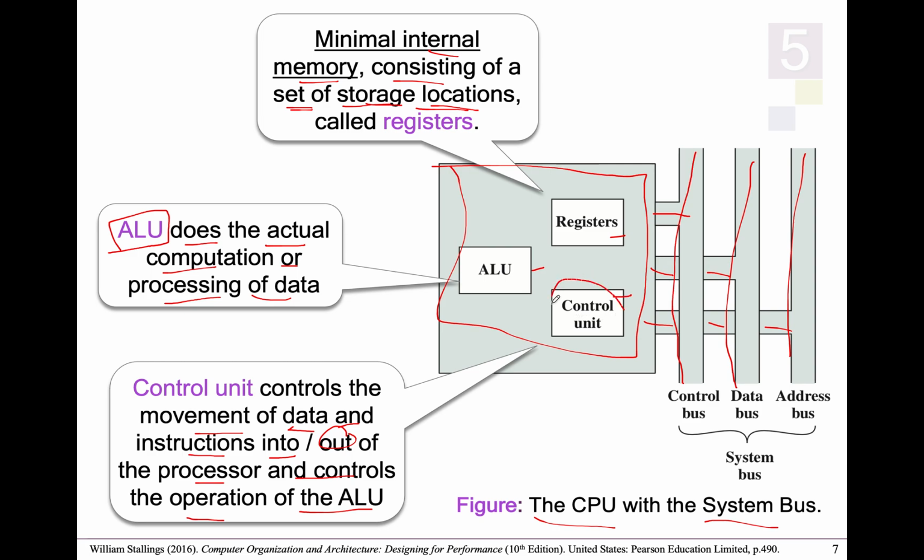So this control unit needs to control this ALU, and the ALU is processing the data. It's going to process the data, and this control unit will instruct the movement of the data that are coming out from the ALU, whether it is going to be in, out, and etc. So all the movement of the data is being controlled by the control unit.